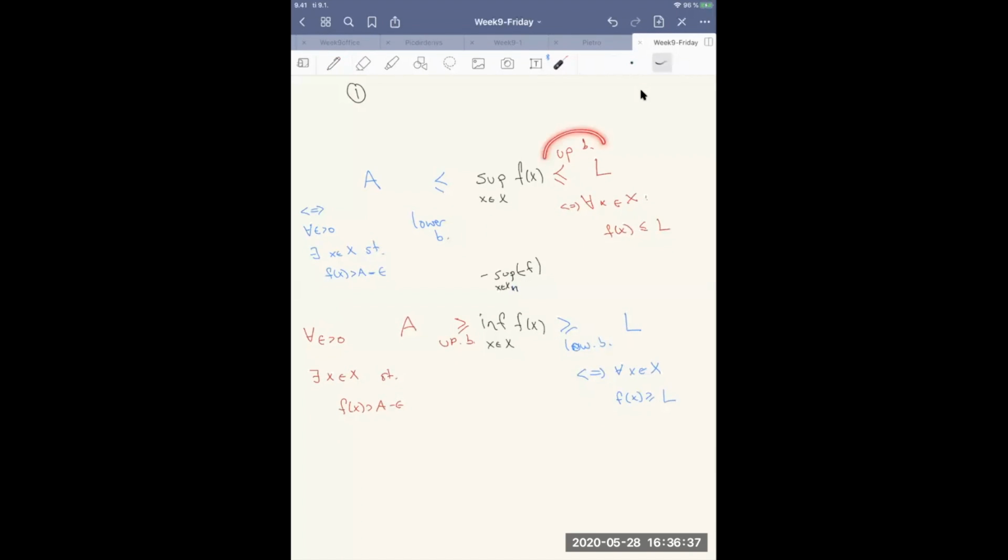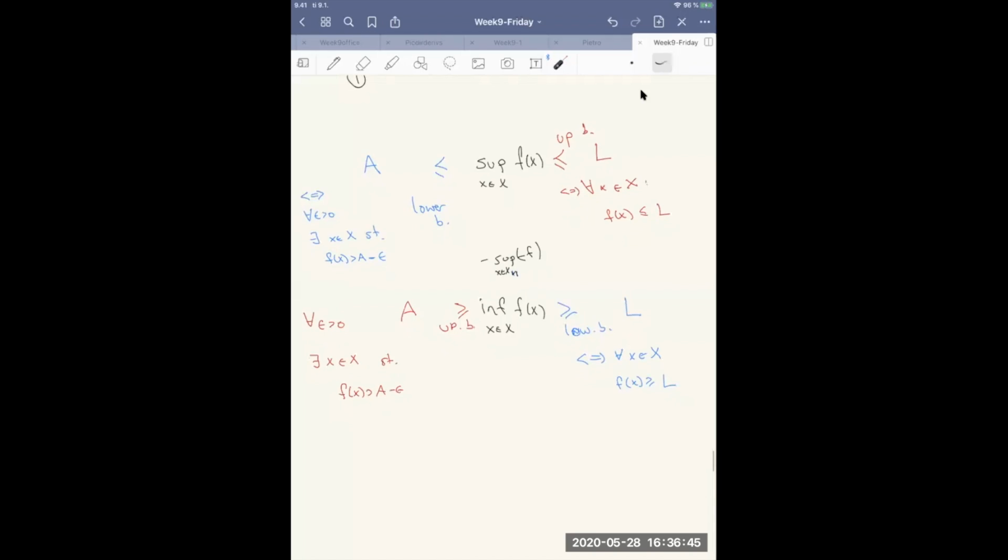So when you're proving an upper bound, you're proving something like this. When you're proving a lower bound, you're finding an element where you have a bound.